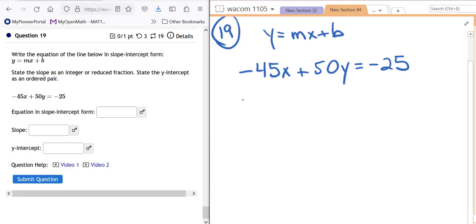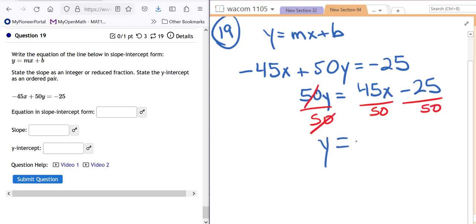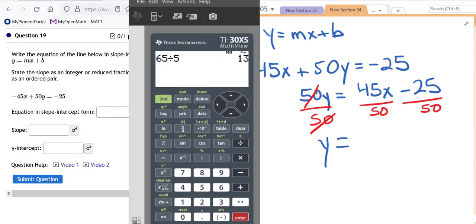So let's move the 45x to the other side. So we'll have 50y equals, and it doesn't matter, I'm going to just put it at the front. 45x minus 25, right? And then we want to get y by itself. So we're going to divide everything by 50. So we get y equals, we have to reduce this fraction, 45 over 50.